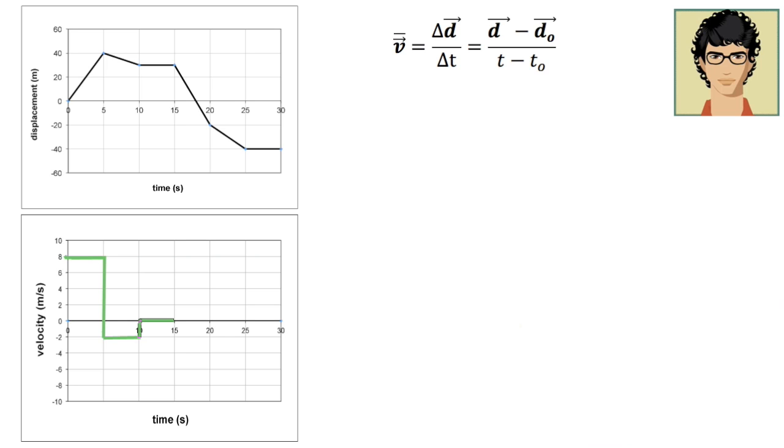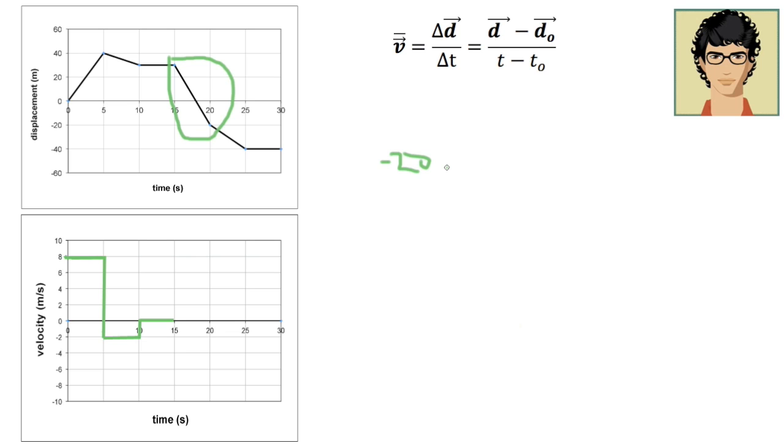Next, we have an interval that is a negative slope from here. It's going to position negative 20, and it's from 30.